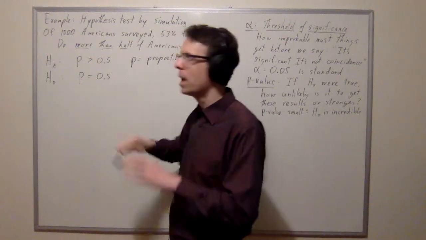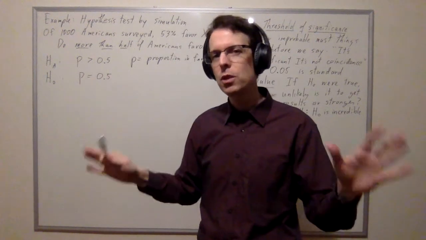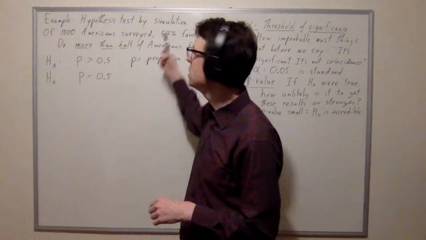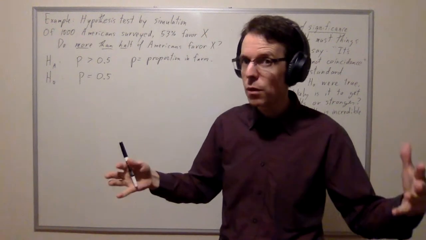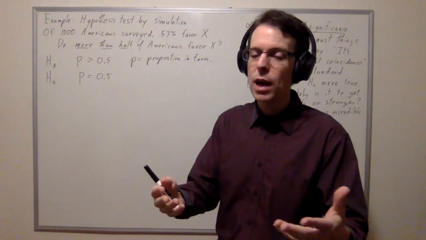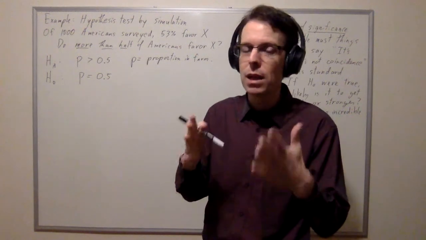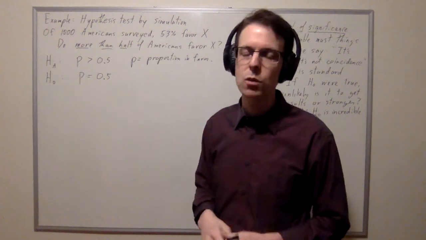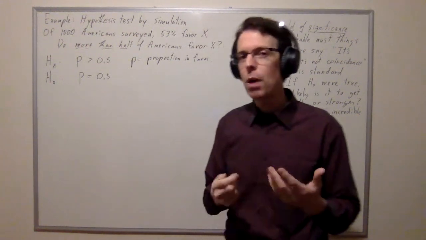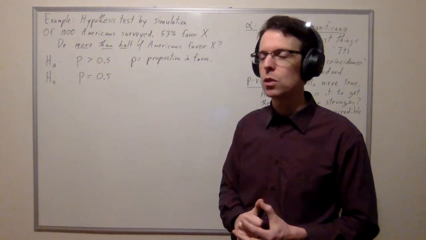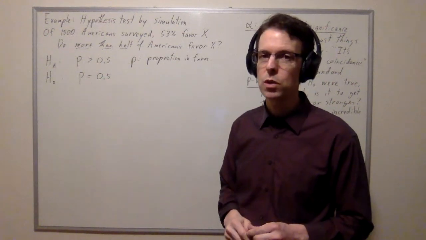Actually, 50% overall in the population is the right explanation. And this is high just because of some random noise, right? Even if 50% of the population favors X, and you do a survey of 1,000, you don't expect to get exactly 500, right? You'll expect some natural variability there, and that's kind of the point. So H0 is possible. The null hypothesis is a possible explanation.